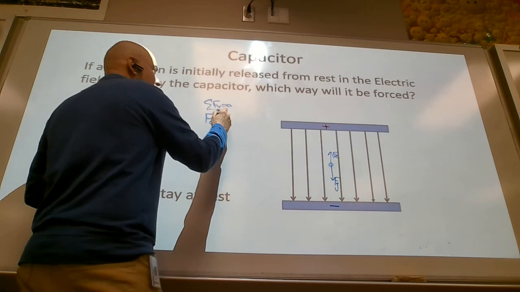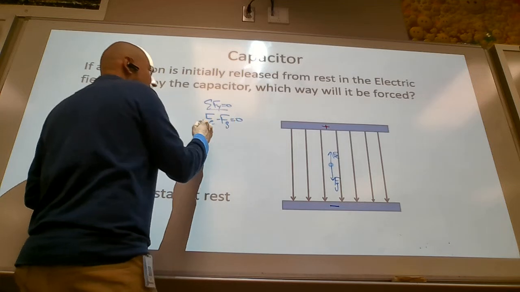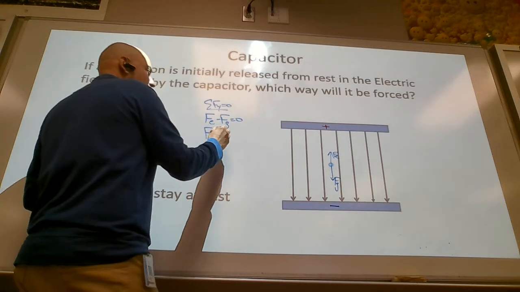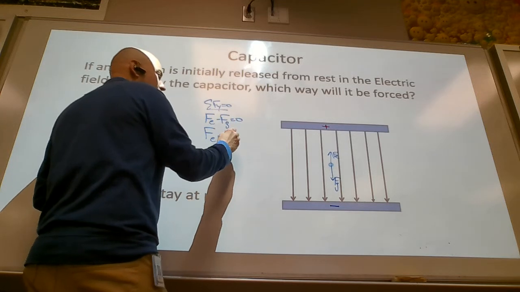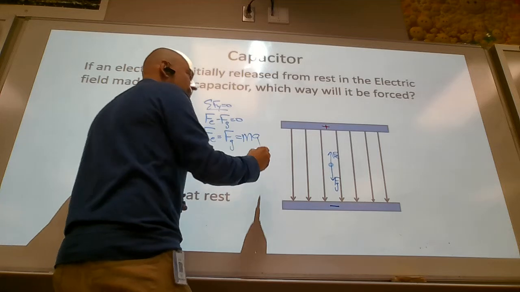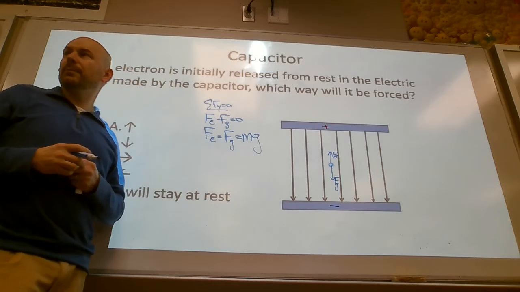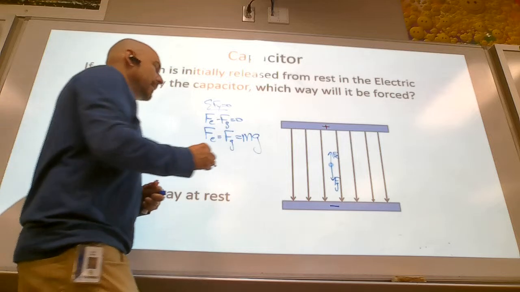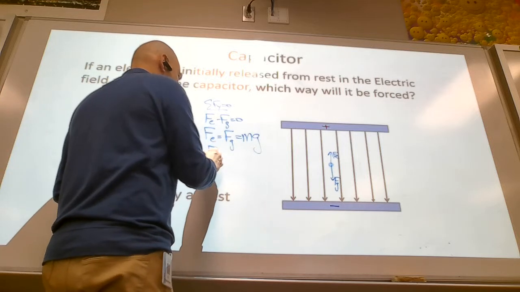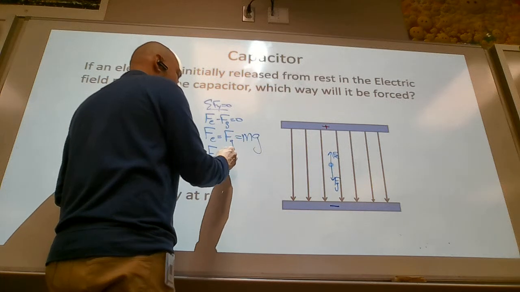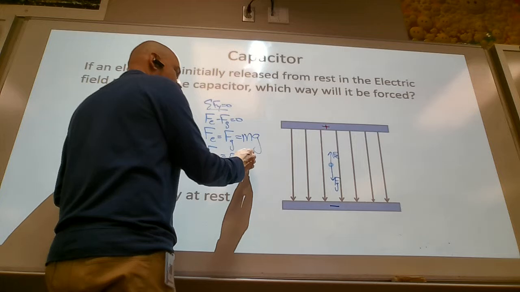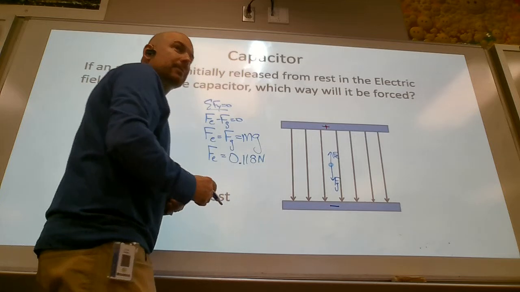You have electric force minus force of gravity equal to 0. So the electric force is equal to the force of gravity, which is mass times 9.8. Okay with that? And mass times 9.8 gave you about 0.118 newtons.